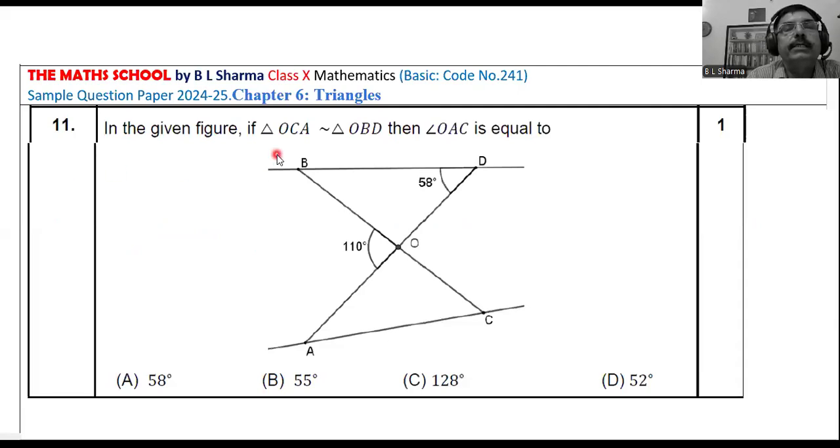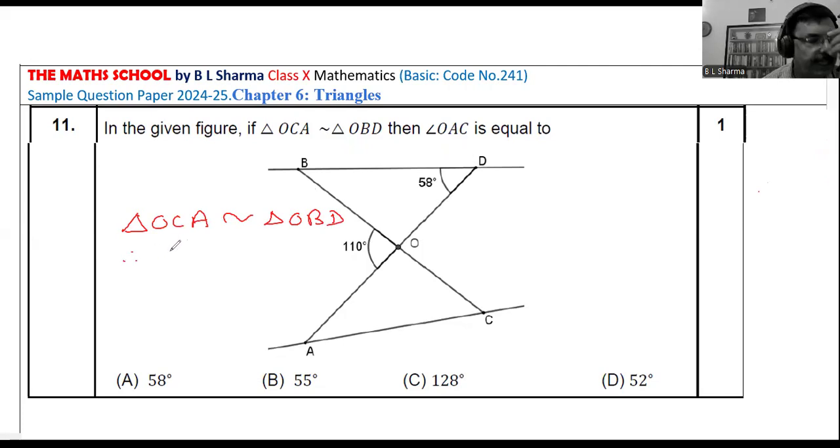In the given figure, it is given that triangle OCA is similar to triangle OBD. Then what is the measurement of angle OAC? See, it is given that triangle OCA is similar to triangle OBD.